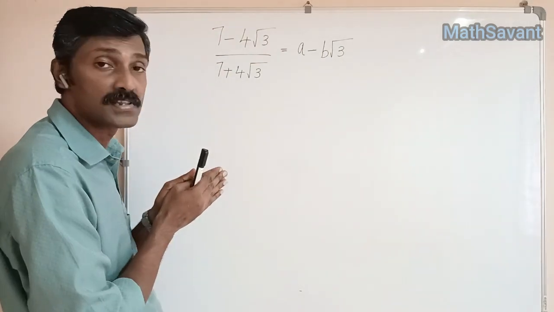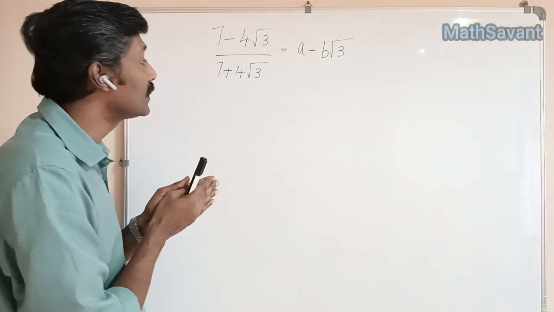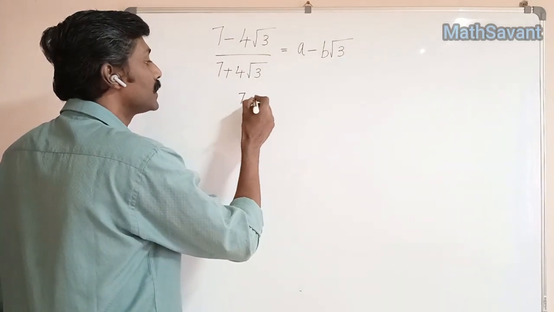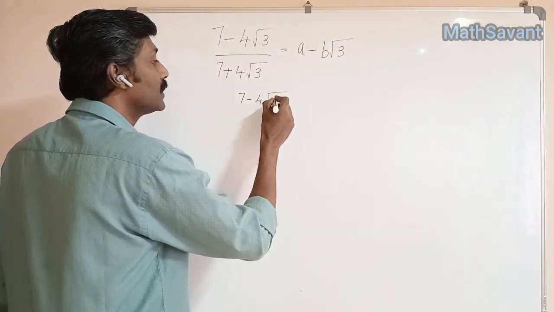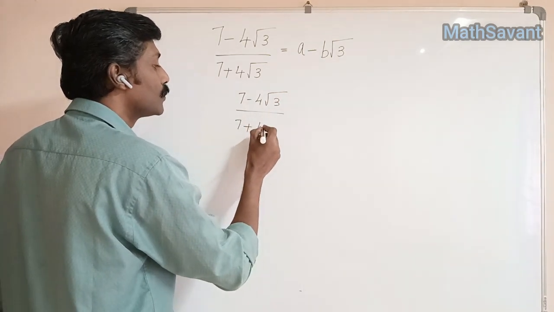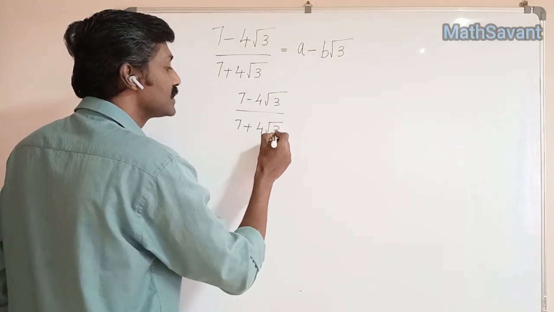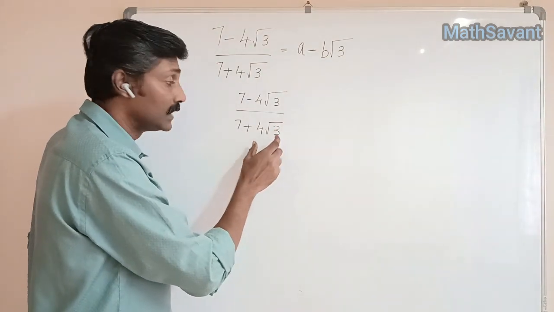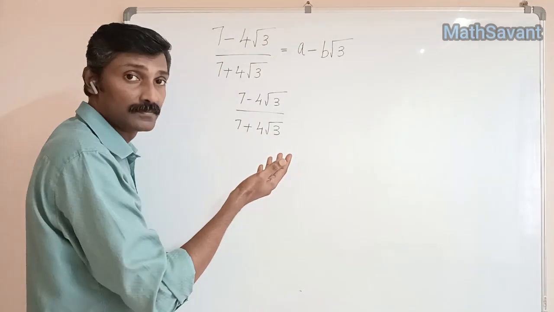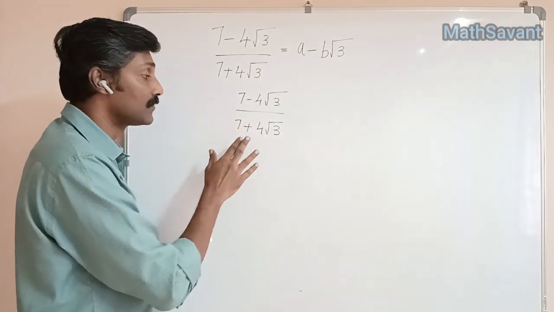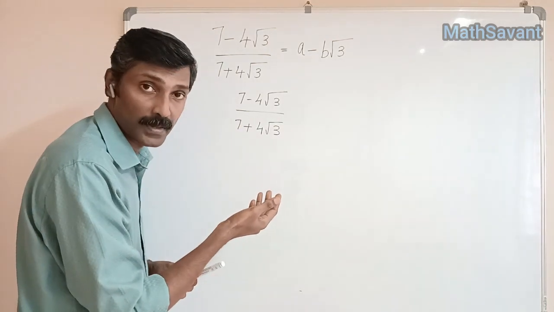So the LHS of this equation, we can write as 7 minus 4 root 3, divided by 7 plus 4 root 3. And we see that in the denominator we have 7 plus 4 root 3. Let's take the conjugate of that. So 7 plus 4 root 3 means its conjugate is 7 minus 4 root 3.